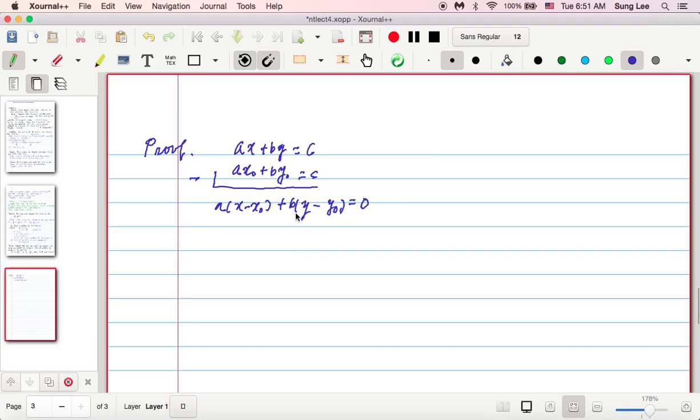By moving the second term to the right-hand side, the sign changes, so we get a times x minus x naught equals b times y naught minus y.